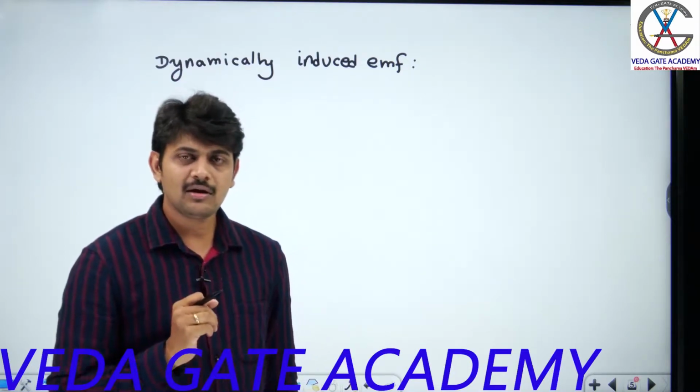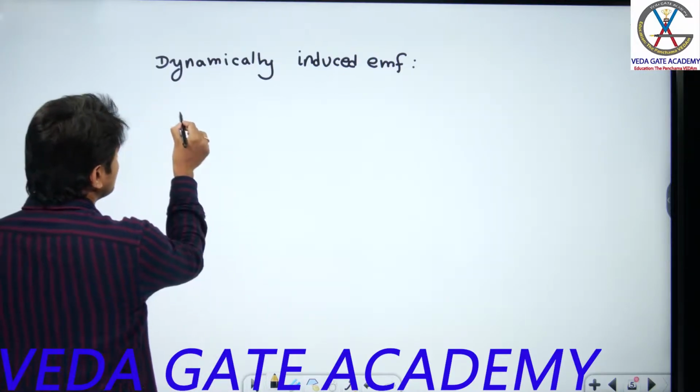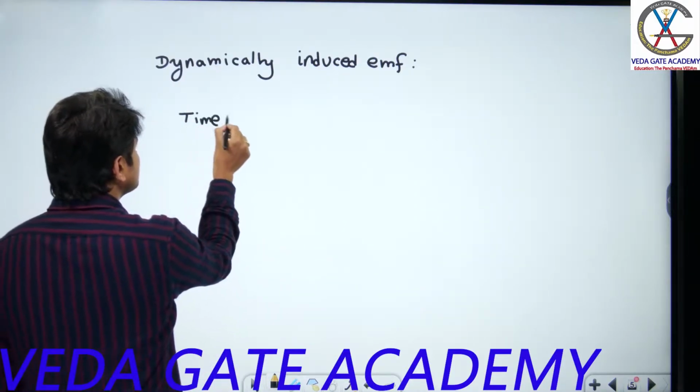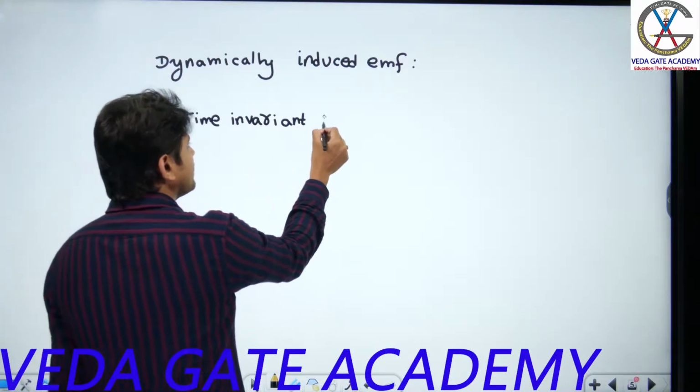So again I am repeating, whenever a conductor is moving inside a time invariant magnetic field. The term you need to understand here is time invariant magnetic field. So what is the meaning of time invariant magnetic field?